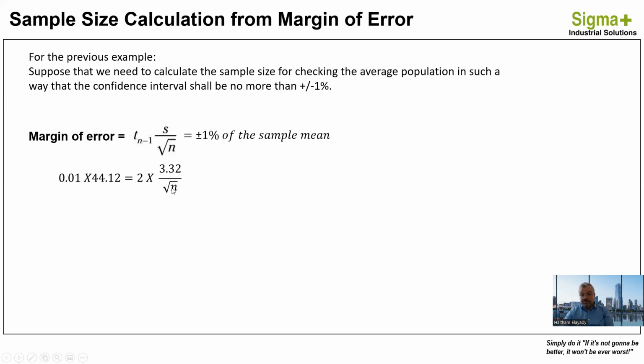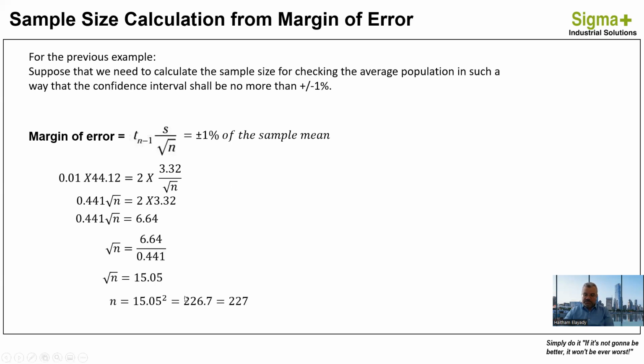And this is the sample size that we need to calculate, taking into consideration that the margin of error will be no more than plus or minus 1% of the population mean. So by doing all the mathematics, we can see that the sample size will be equal to 227.